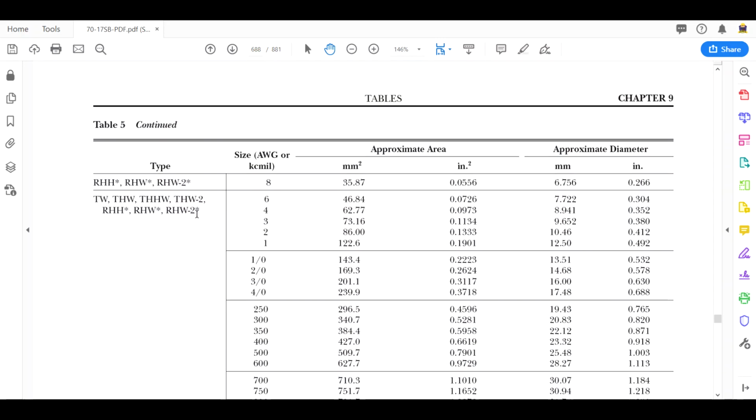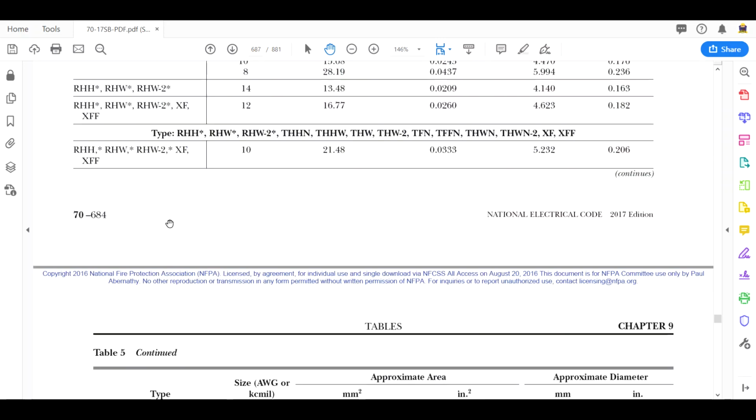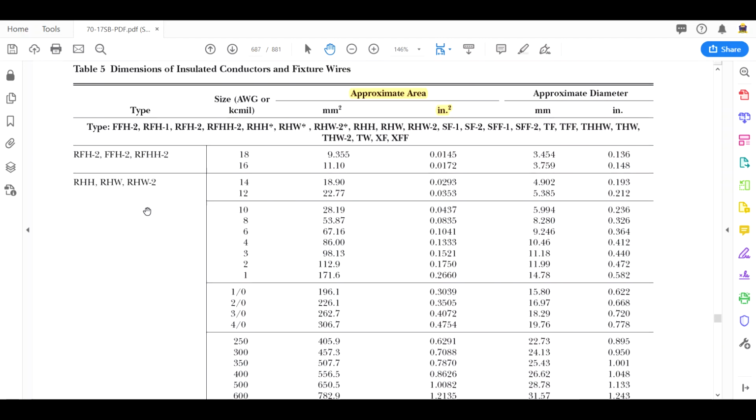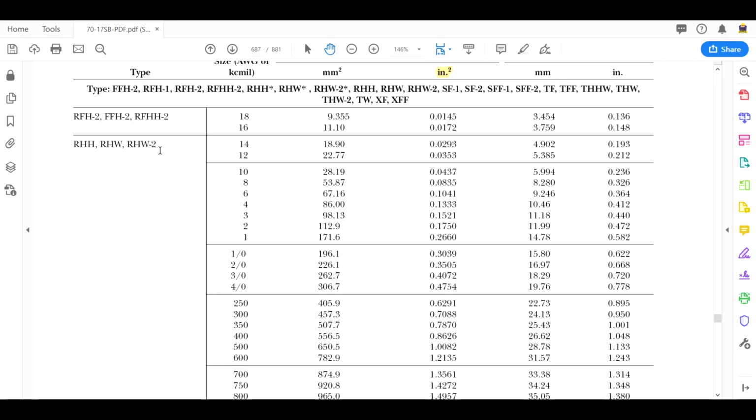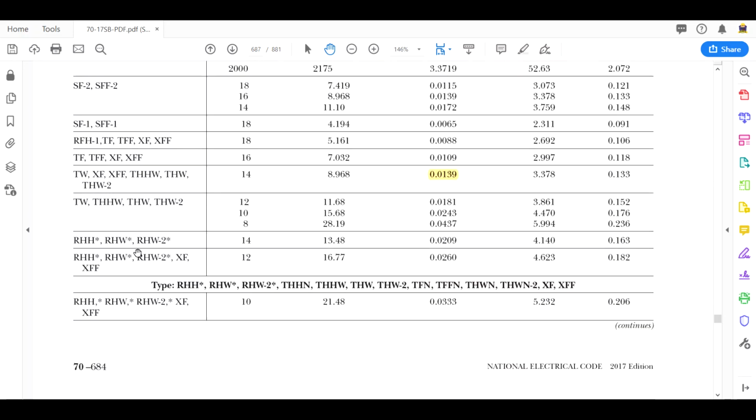See the asterisks here? These approximate areas are going to be different, so keep that in mind. There is also some RHH, RHW, RHW-2 that does have a covering, and you have to be aware of that. Don't get fooled. Watch the question on the exam, because if it asks for the area and uses RHH without a covering, you know you need to look for the one with the asterisks.